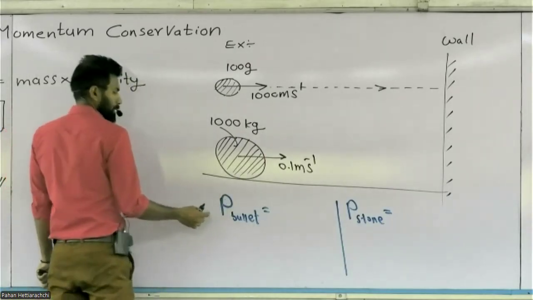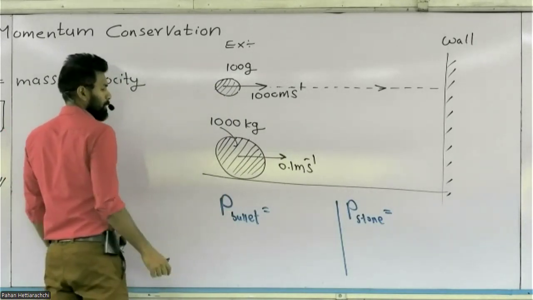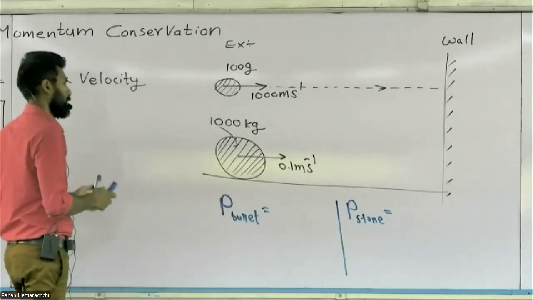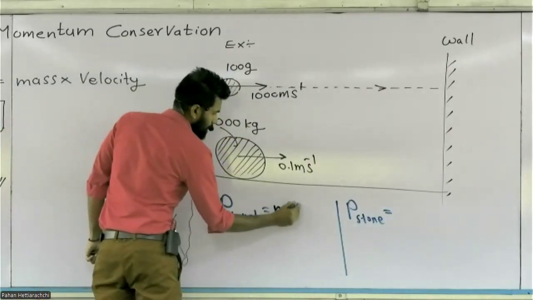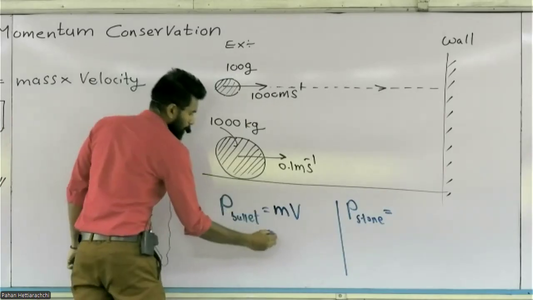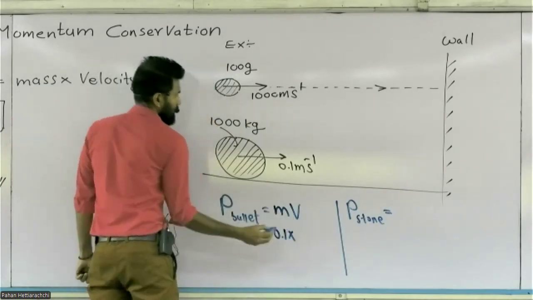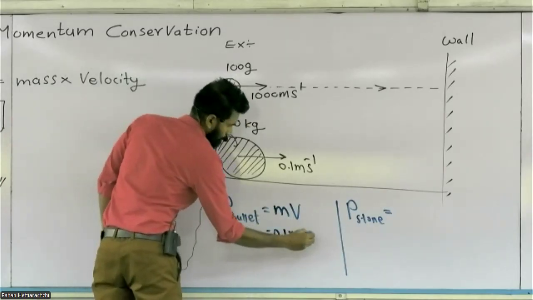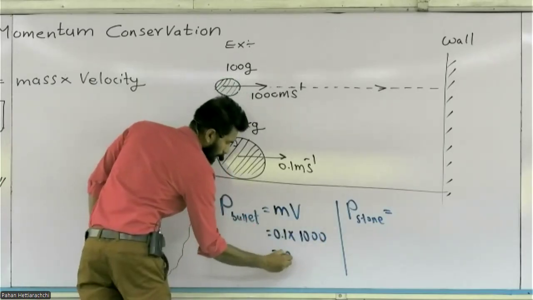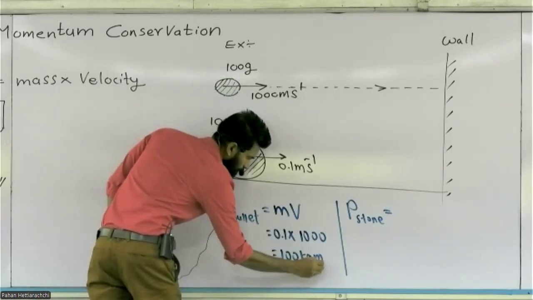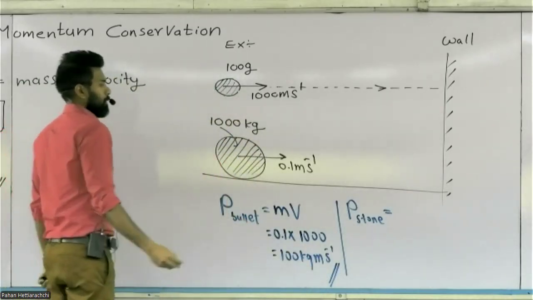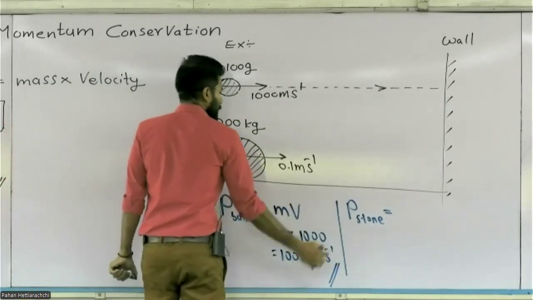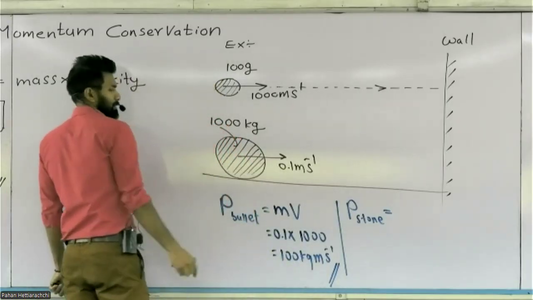Here, the momentum of the bullet: P equals mv. Mass is equal to 0.1 kilograms, and the velocity is 1000. So, you will get 100 kg meter per second for the momentum of the bullet. Now, I'm going to calculate the momentum of the stone.